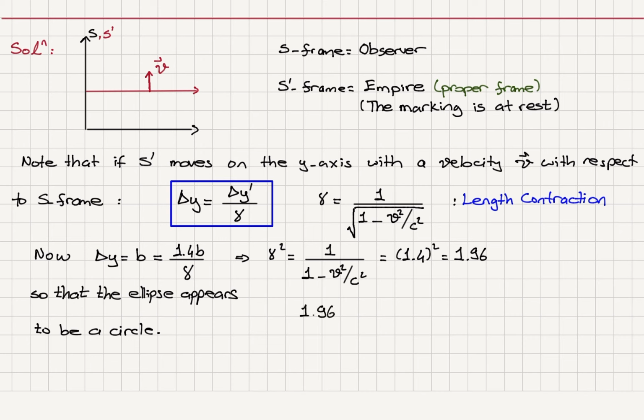Okay, so with that I have 1.96 minus 1.96 v squared divided by c squared is equal to 1.